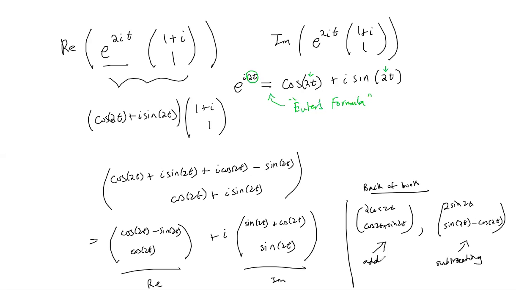Let's call this 1 and 2. Adding 1 plus 2, and subtracting would be 2 minus 1. And so both of these are just linear combinations of ours, and ours are linear combinations of theirs. So these are in fact both equally valid solutions. They're both two linearly independent solutions. Both are valid.